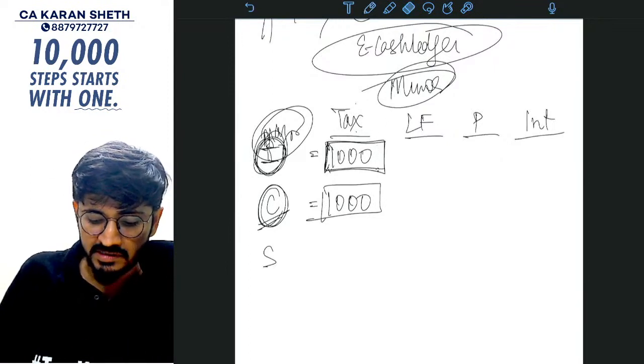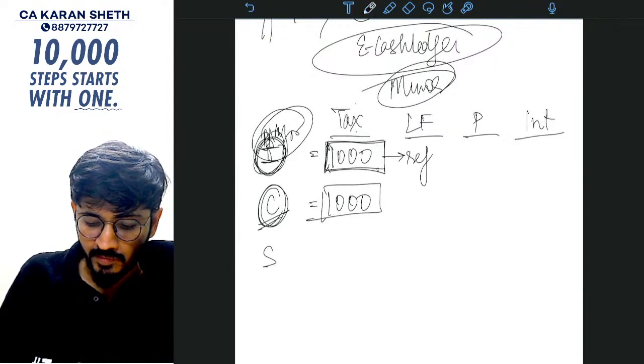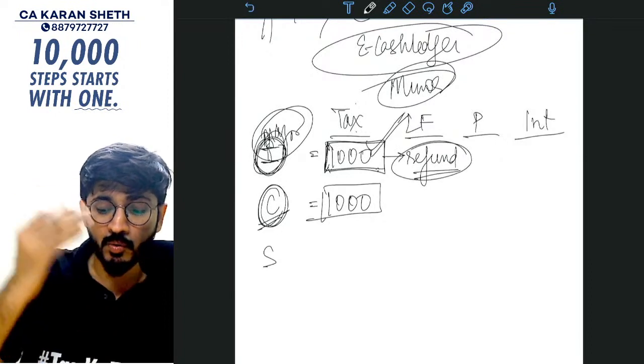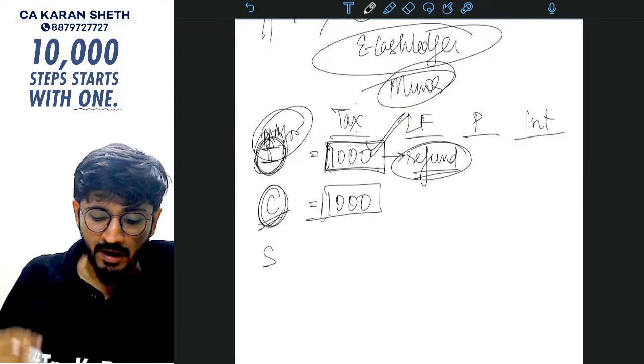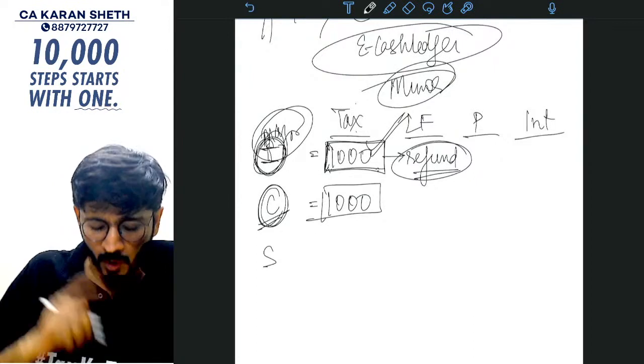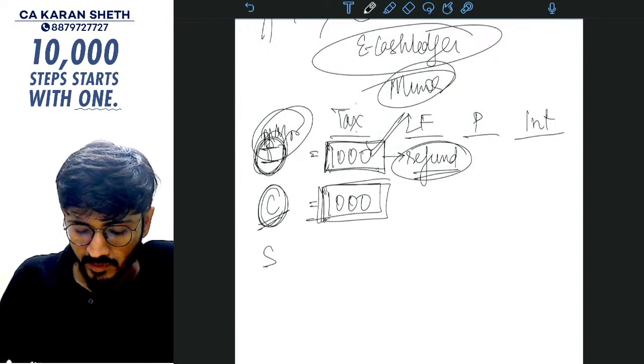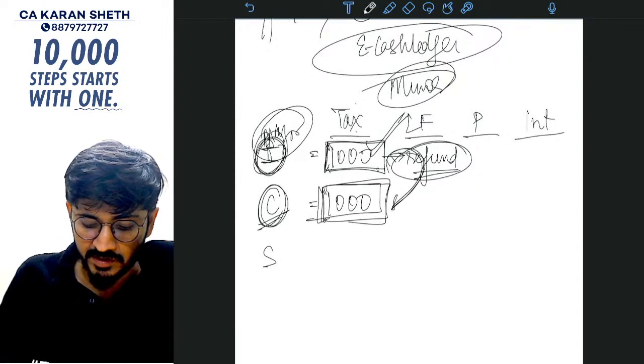So what used to happen is that I used to ask refund for this amount in case I don't want it anymore, and I would have to infuse the money from my bank account to CGST account. So I could not directly transfer here.